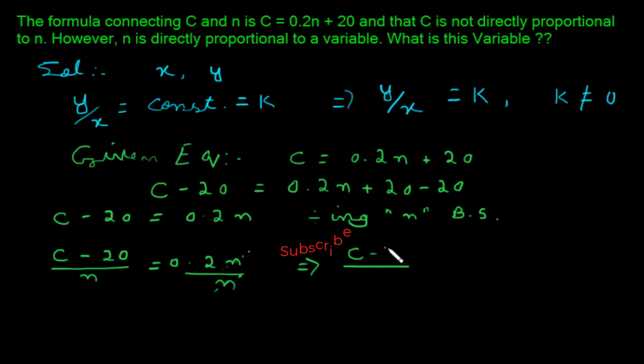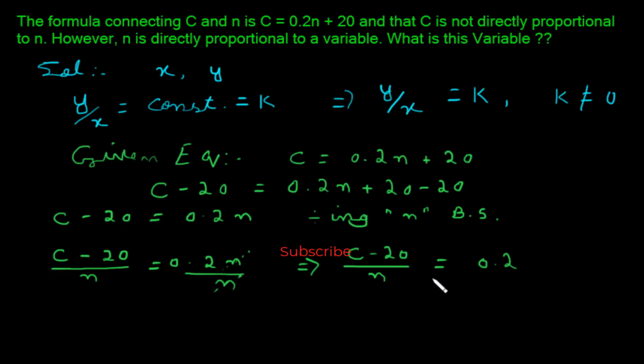C minus 20 divided by n is equal to 0.2. So this ratio is equal to a constant, which establishes a direct proportionality relationship between the numerator and denominator. So here we can see that C minus 20 is directly proportional to n because this ratio gives us a constant.